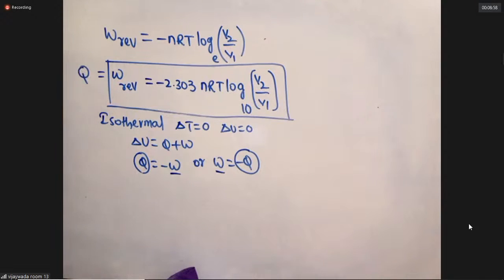Same formula you can use. If you get a positive value, heat is a negative value. Suppose you get work done as minus 1313 joules, then Q value is plus 1313 joules. Are you getting my point? If you get work done as a positive value, heat is a negative value. Got it?